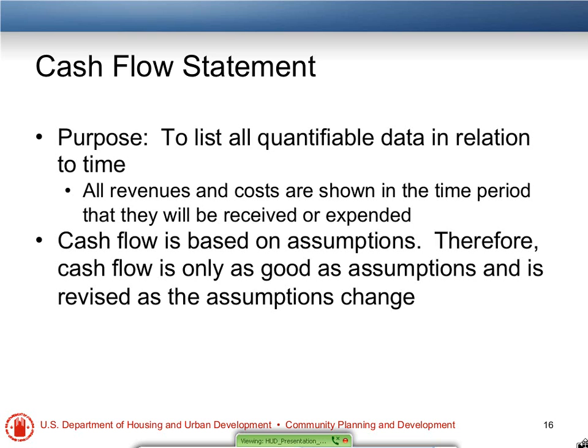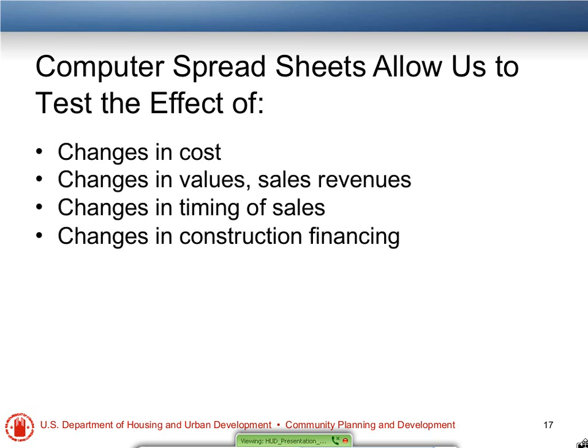If you realize that it's going to take more than 1 month to sell the unit, you can quickly make an adjustment to that and see what happens to the project profitability as it takes longer to sell. Or maybe you have to reduce the price of the unit in order to achieve those sales, and you can quickly see, again, the effect on the subsidy required or the profitability of the project as you make those changes.